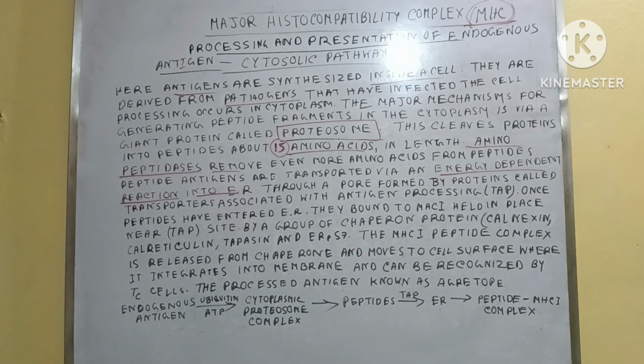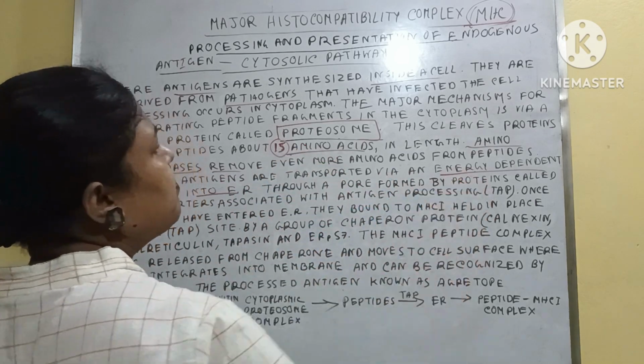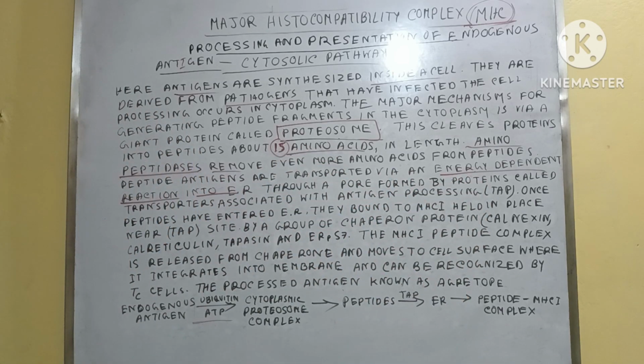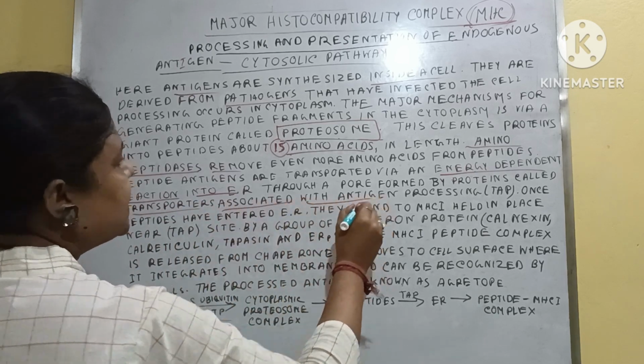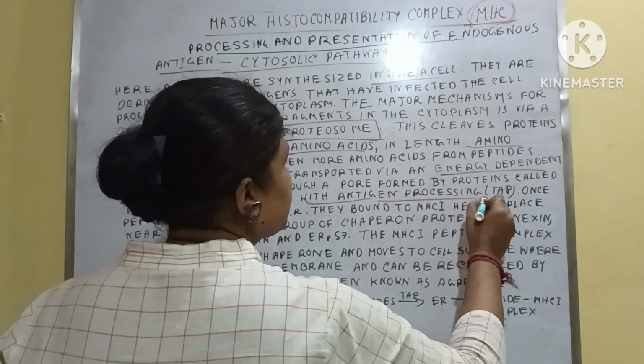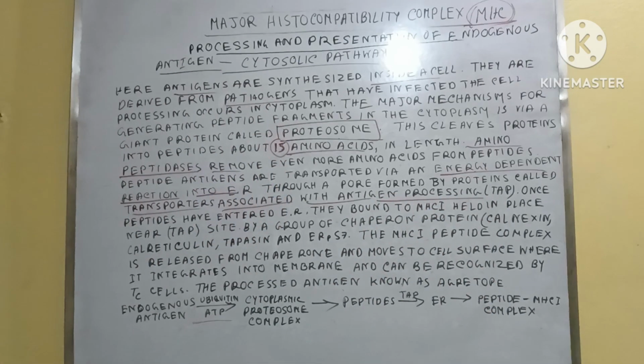That means energy is obviously needed. Without energy, ATP, this transportation is not possible. So it enters the ER through the pore formed by the proteins called transporters associated with antigen processing, or TAP.